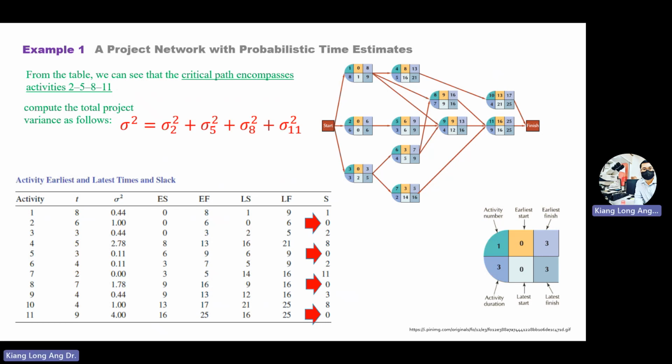So compute total project variance. You take activity 2 variance plus 5 plus 8 plus 11. So you have the variance number here. You take number 2 plus number 5 plus number 8 plus number 11.